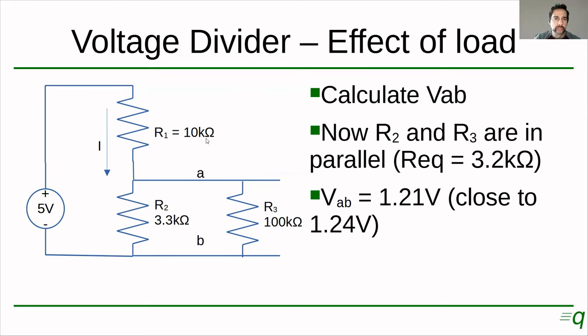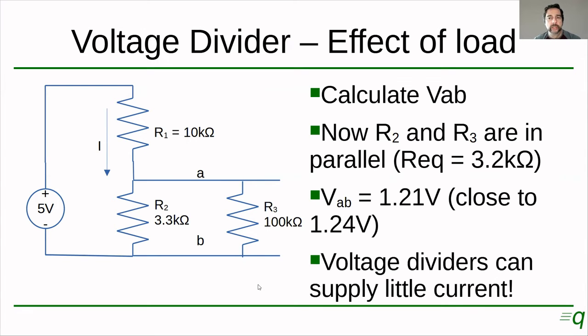When we recalculate the voltage divider with 10 kilo ohms and 3.2 kilo ohms, we will end up with a voltage between points A and B of 1.21 volts, which is a lot closer to the 1.24 volts. So just remember, voltage dividers can supply little current. This 100 kilo ohm resistor is pulling very little current from this circuit, and that's why the voltage doesn't drop a lot. It drops very little, from 1.24 to 1.21.